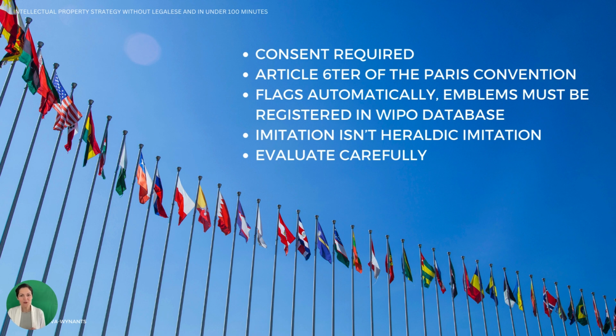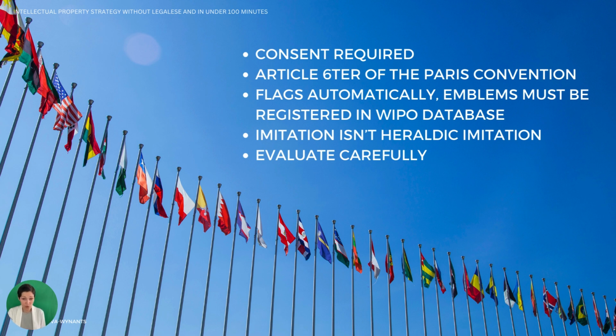Finally, you might also want to include flags or heraldic symbols in your trademark. Sometimes it will fly, but most of the time this might be quite tricky. Trademark protection concerning flags and official emblems falls under Article 6ter of the Paris Convention. Article 6ter focuses on flags, armorial bearings, and official emblems of states or international organizations.